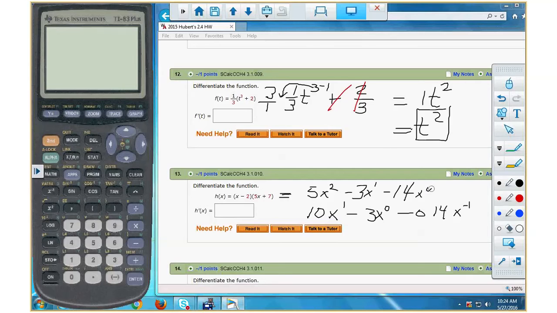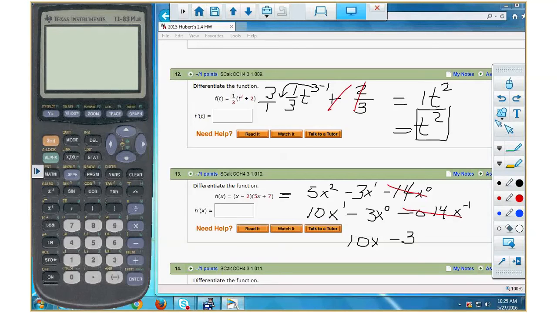I'm just throwing that in there in case you ever get confused on what to do with a constant. Just put x to the 0, and that becomes 0 times 14. So that last term cancels out. And then you're left with the answer, which is 10x minus 3.